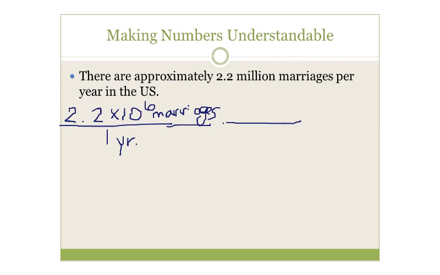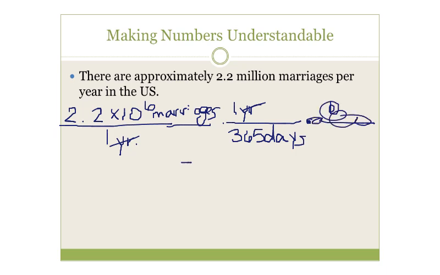And then we know that in 1 year, there are 365 days. And so when I multiply and divide here, I get about 6,027 marriages per day.